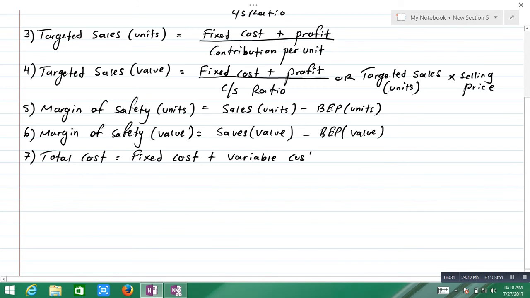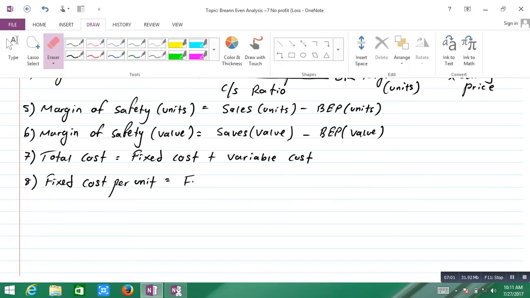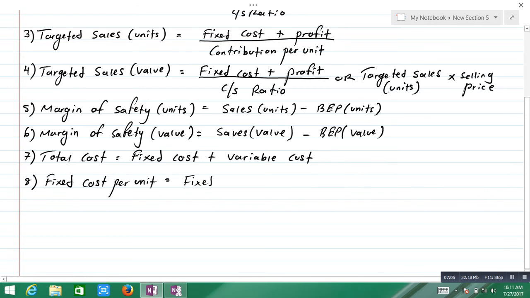Then we have fixed cost per unit, which we take as fixed cost divided by budgeted production, which is basically units, to get a fixed cost per unit.